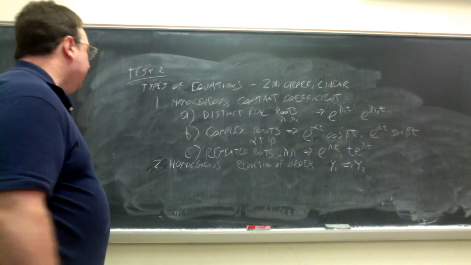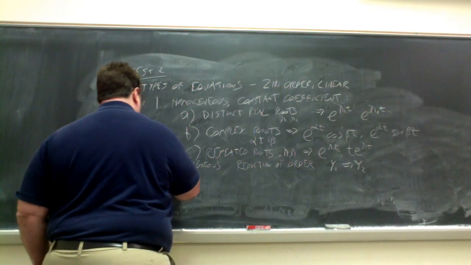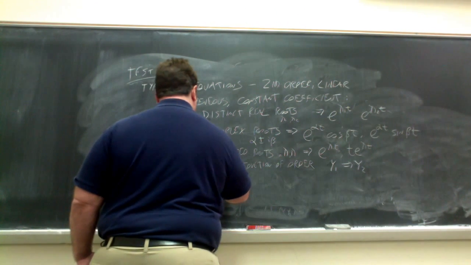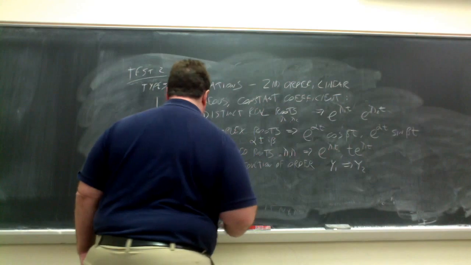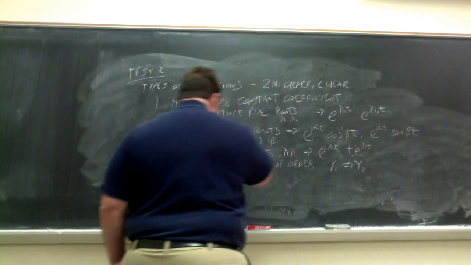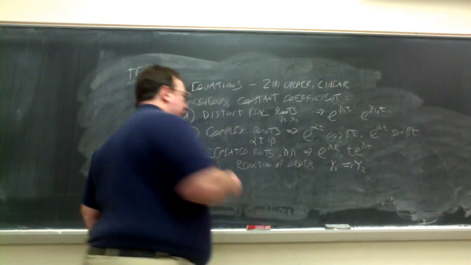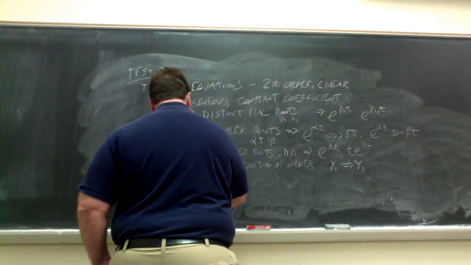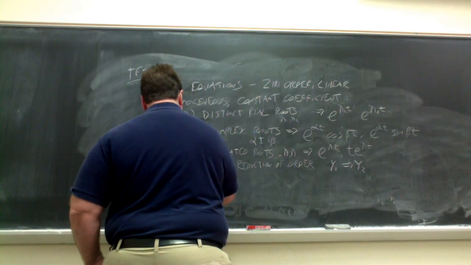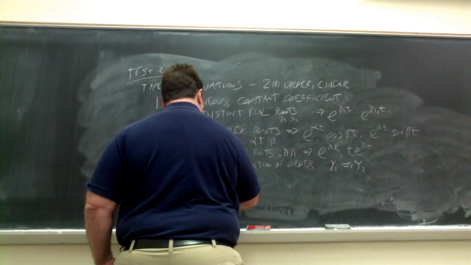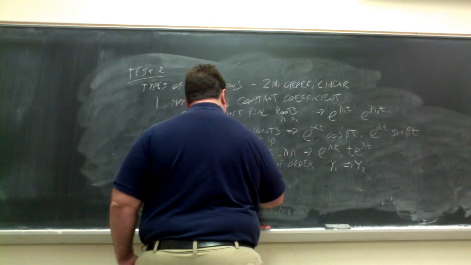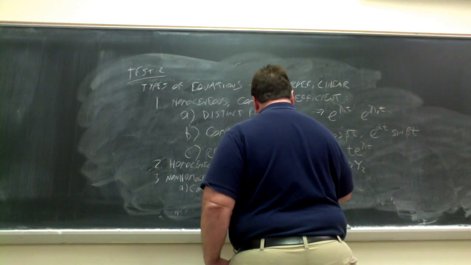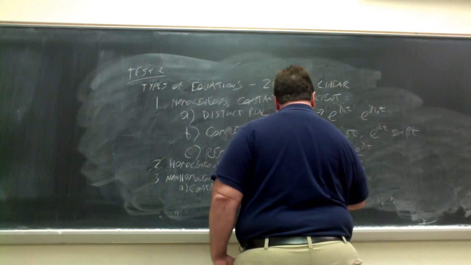And then we have non-homogeneous. And that's going to be, so we have a g of t, and if it is constant coefficients, then generally you can use the method of undetermined coefficients.